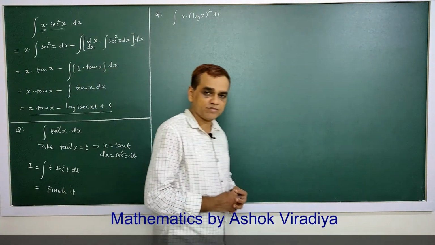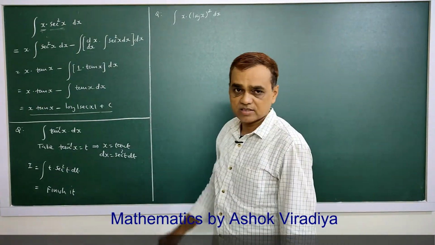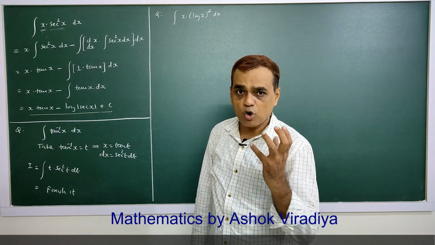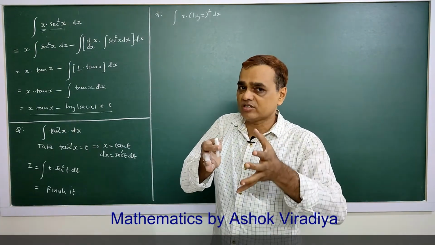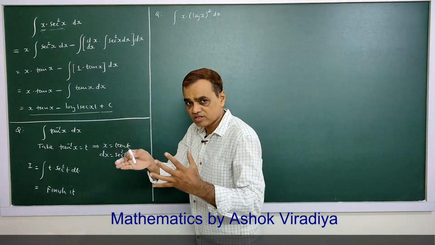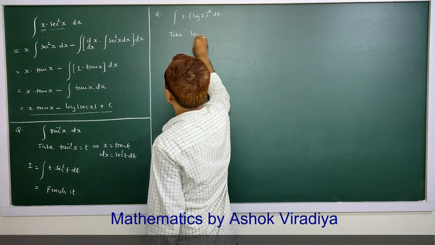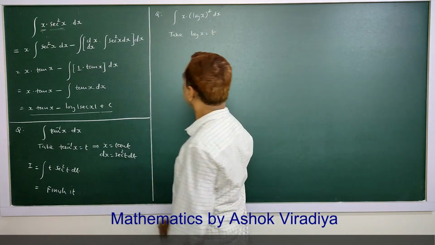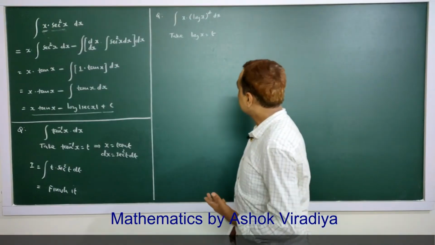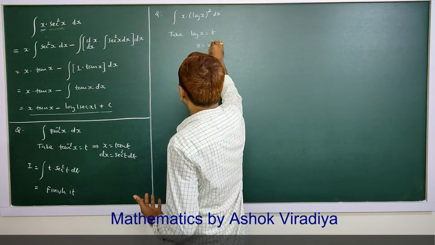Now here, log x whole square: this is a composite function of log x. Log x is an inner function. So when log x is given as an inner function, take log x equal to t. Log x is t, therefore x is equal to e raised to t.